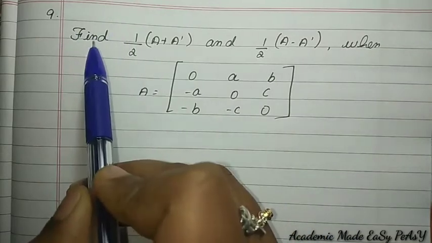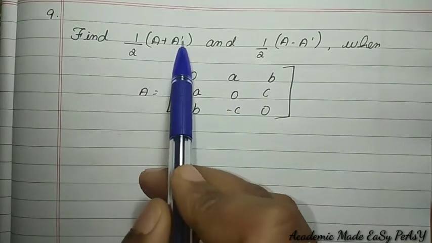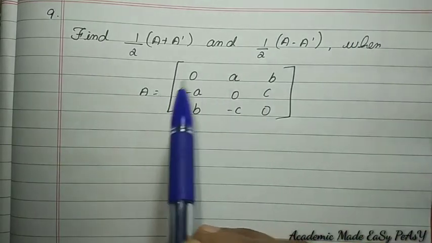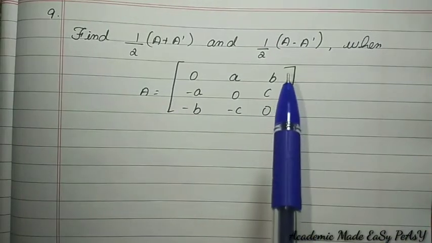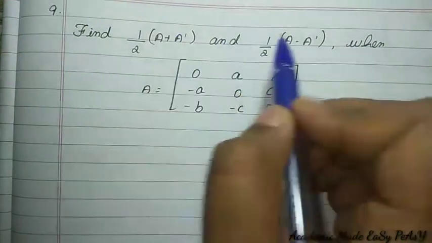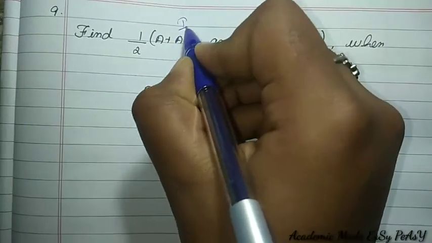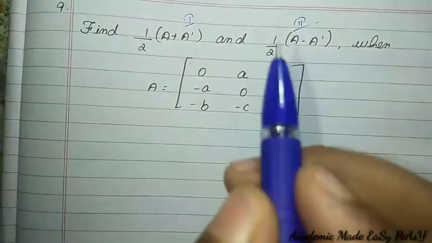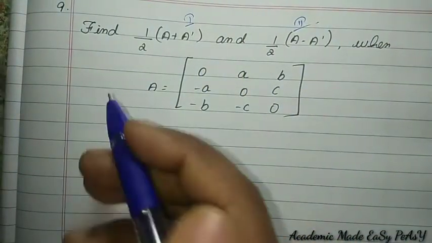Question 9. Find half of A plus A dash and half of A minus A dash when matrix A is given. So now let us split this into two parts. Let this be the first part and let this be the second part.